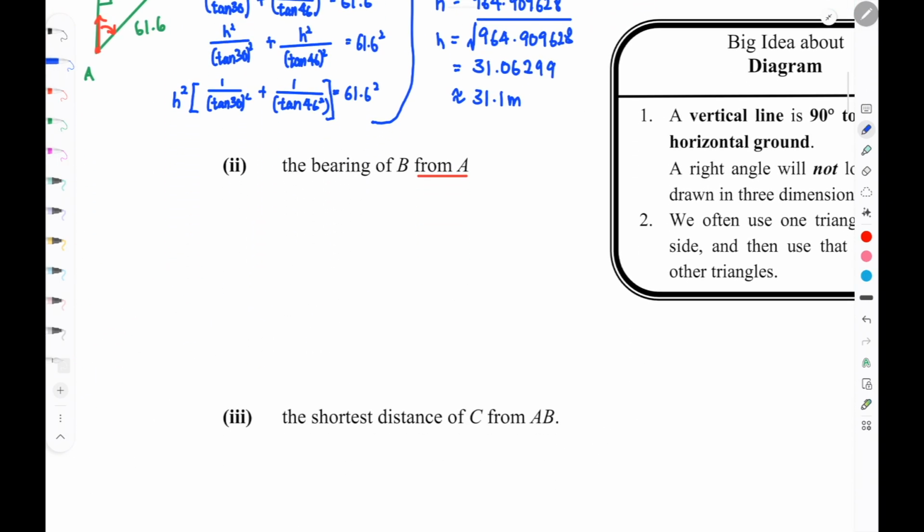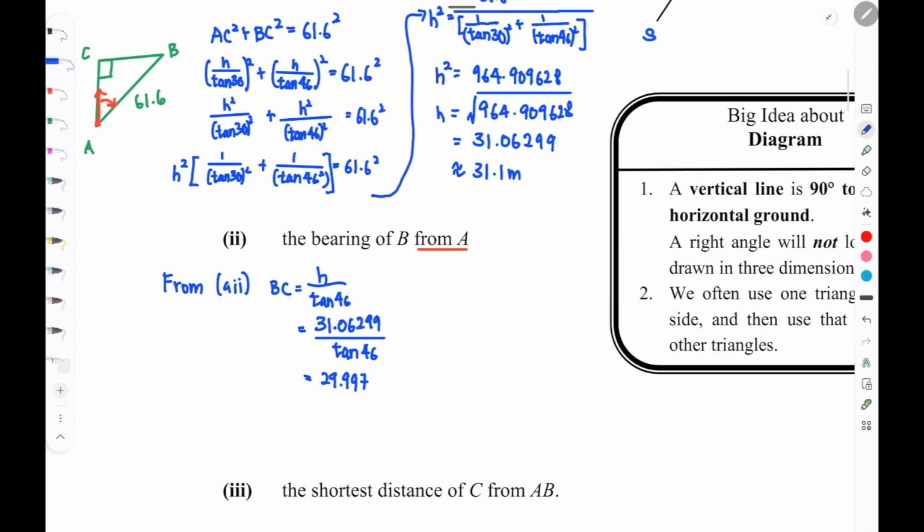From this one, I can use the previous part to help me. From part A part 2, I have BC equals h over tangent 46, which equals 31.06299, which I found in the previous part, over tangent 46, which equals 29.997.